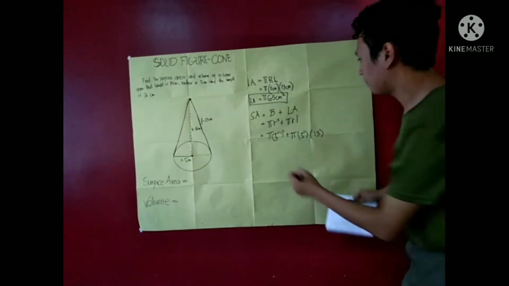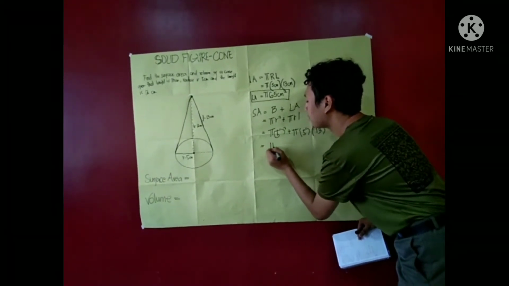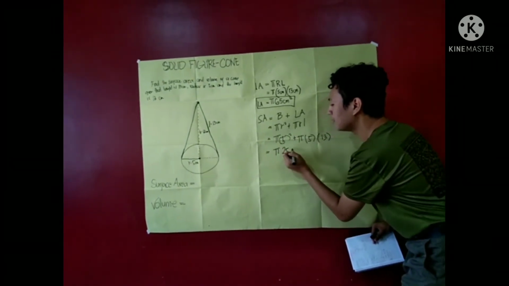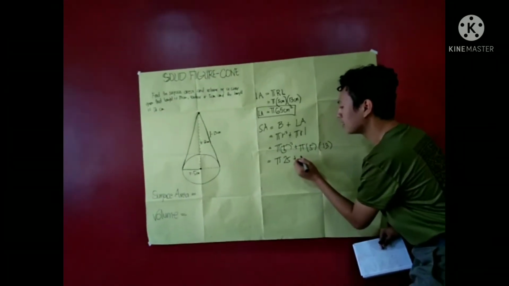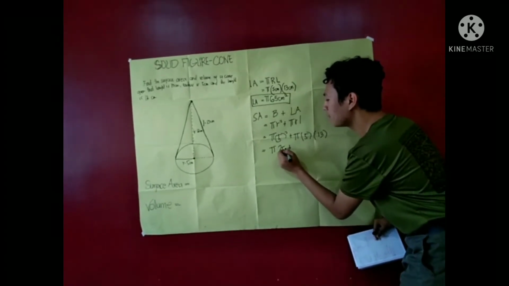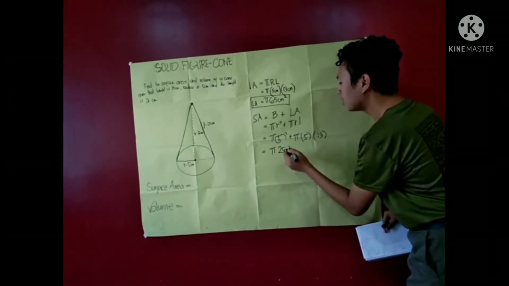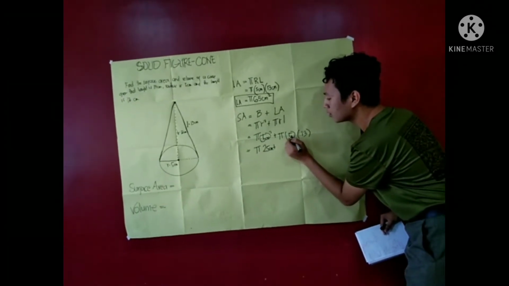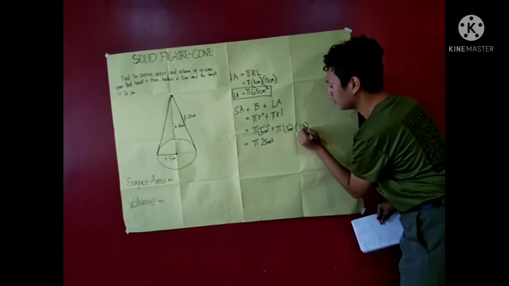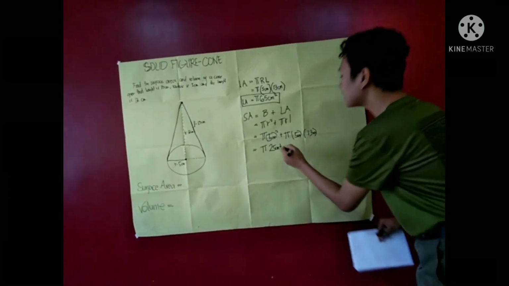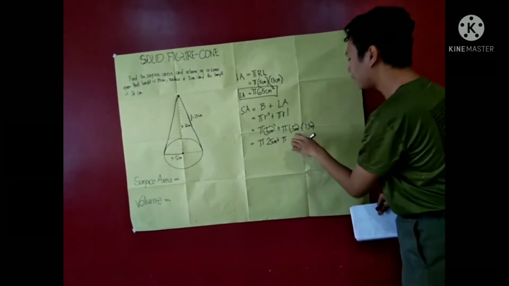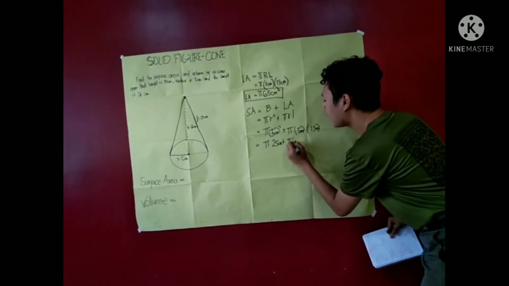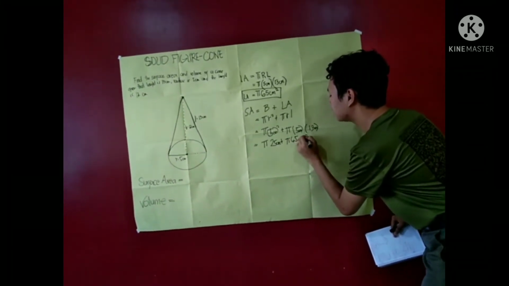Let's solve that. 5 times 5 is equal to 25, plus pi, 5 times 13, which is equal to 65 centimeters squared.